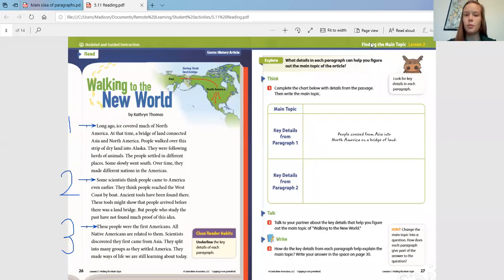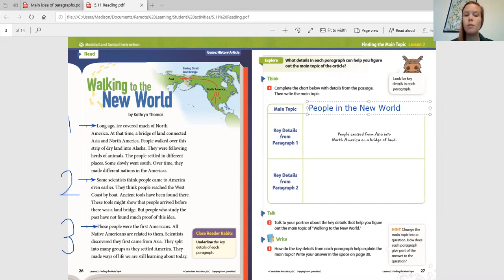Okay, so first thing on our graphic organizer says the main topic. And so this is asking about the whole story and what it is mainly about. So what did we read most about? And I would say that we've mostly read about people in the New World.